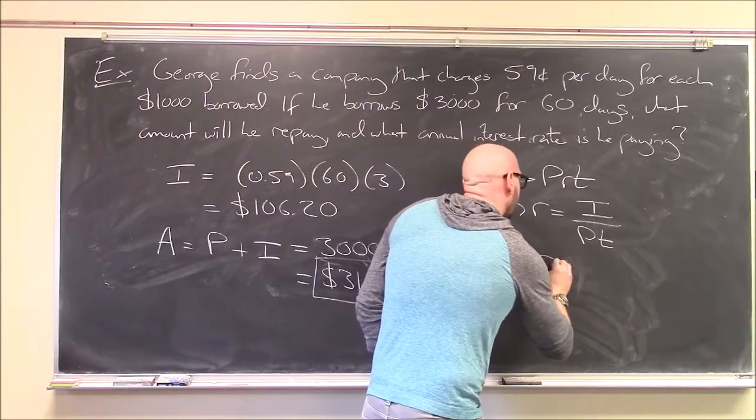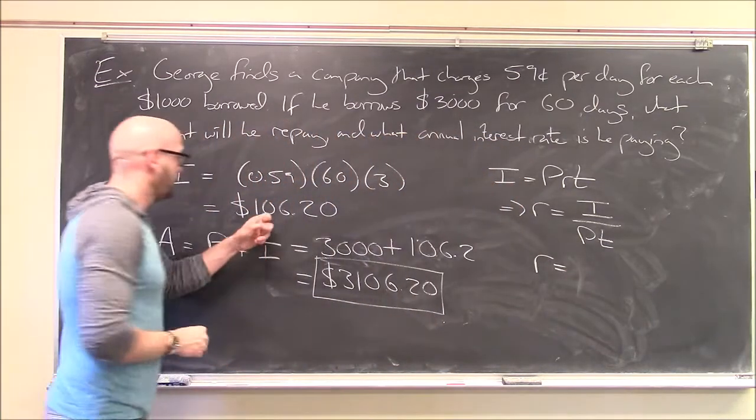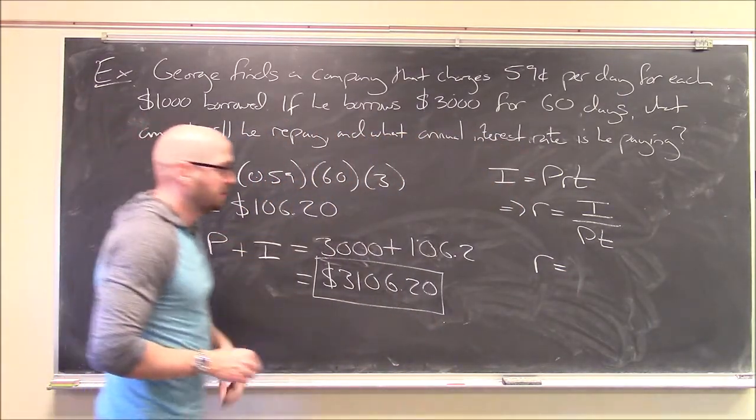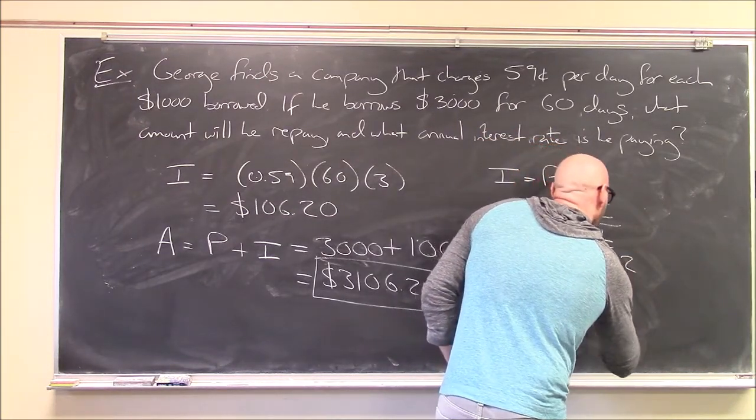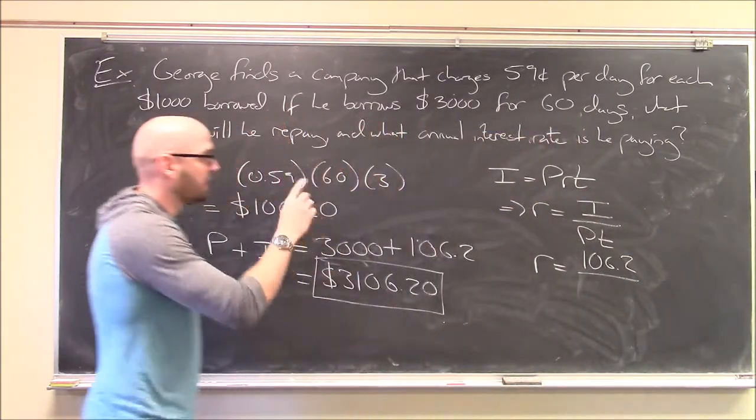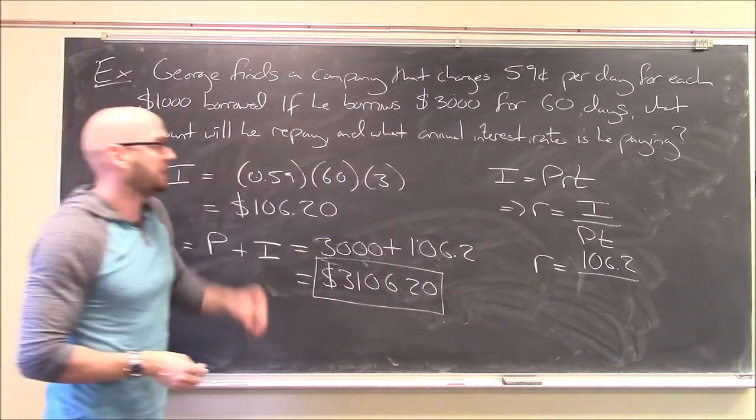So R is going to be, we've already worked out the interest. He's paying 106.2, so this is 106.2 over the principal, the amount he borrows. He borrows $3,000.